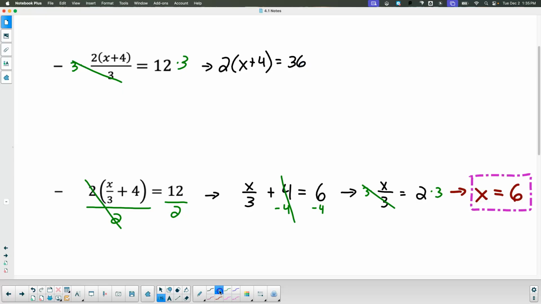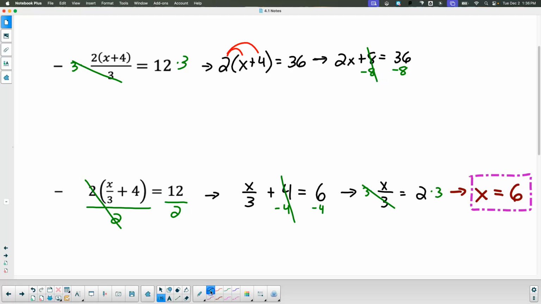Or we could divide by 2, either one, right? Okay, doesn't matter. If I distribute, then I get 2x plus 8 equals 36. Then what? Subtract 8.